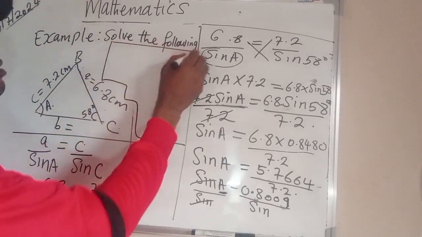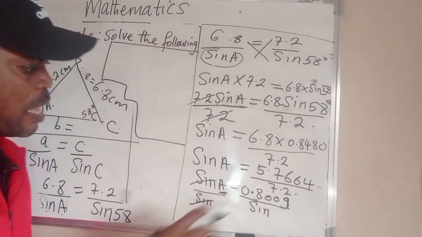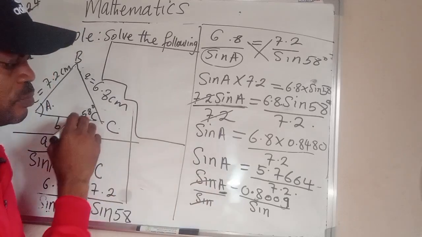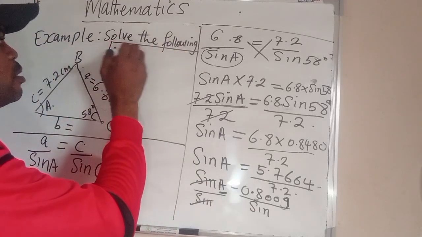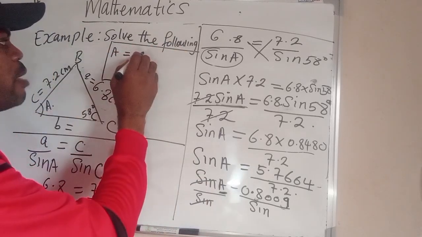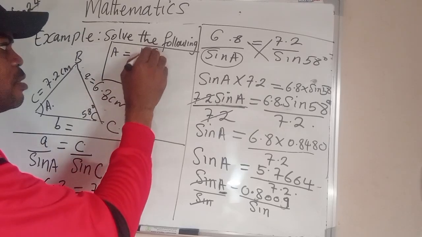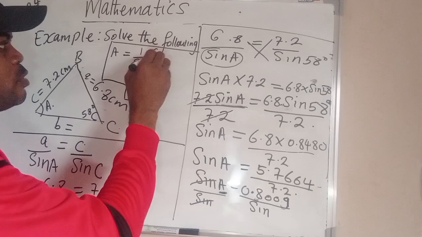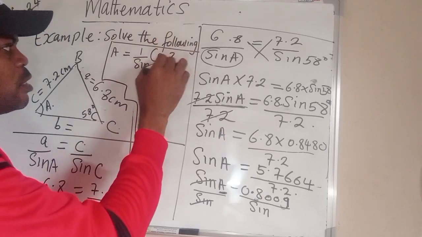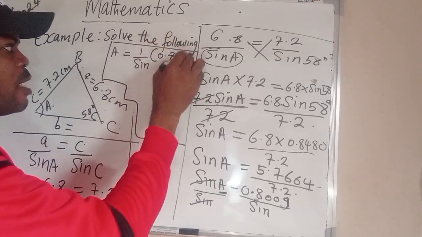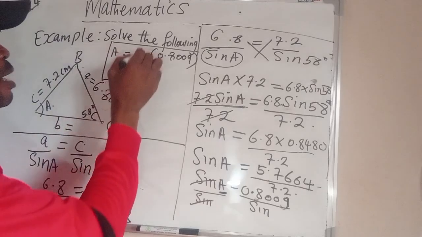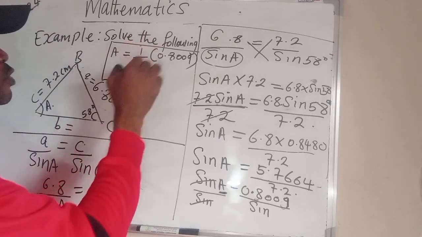It therefore means if I do it properly, I'm going to be having A equal to, remember, using the law of indices, sine here, bracket, 0.8009.